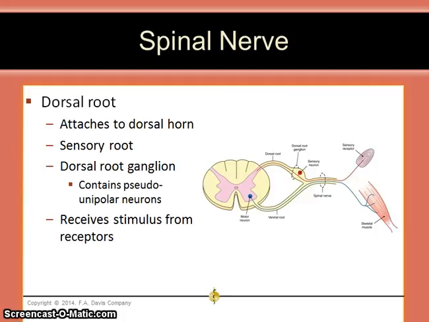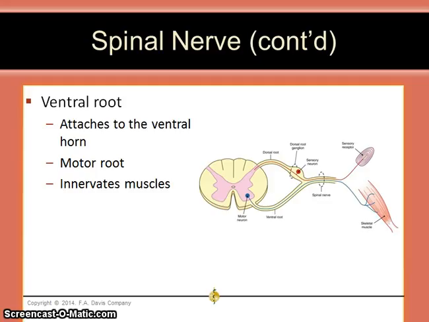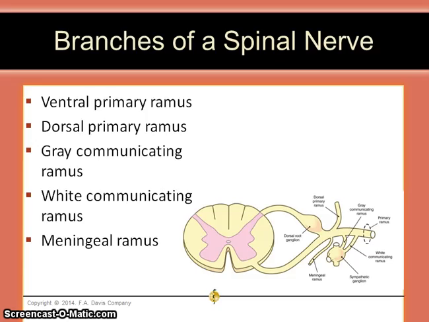Spinal nerves have a dorsal root, which attaches to the dorsal horn. The ventral root attaches to the ventral horn. There are many branches of the spinal nerve, and we will not get into these in this class.